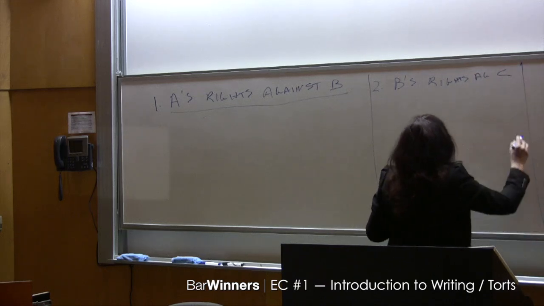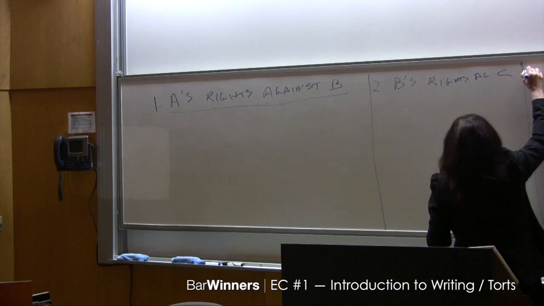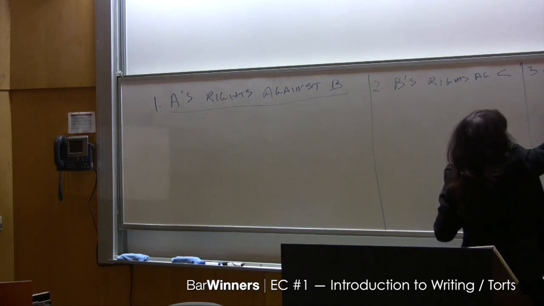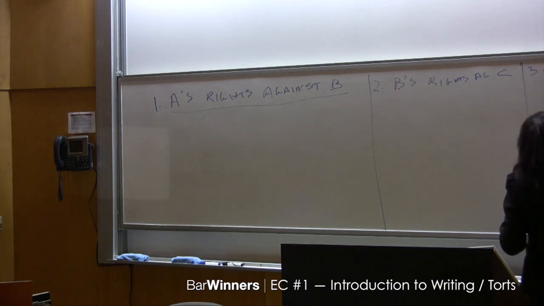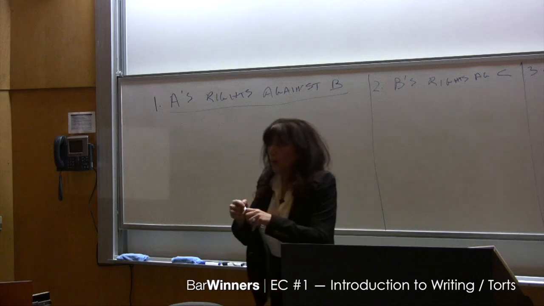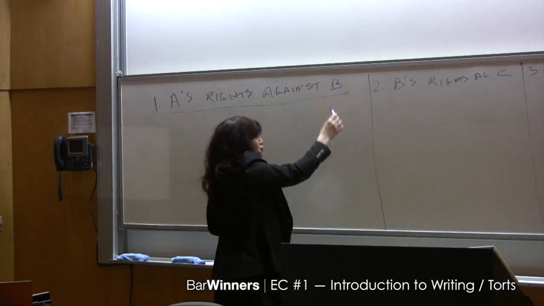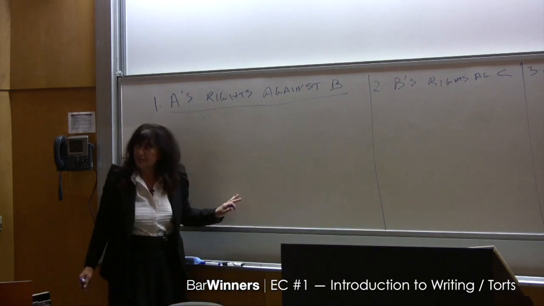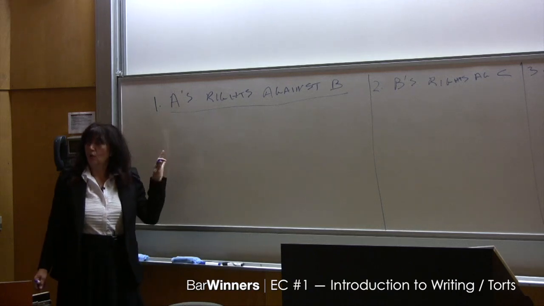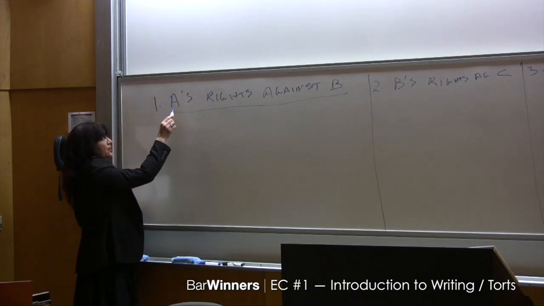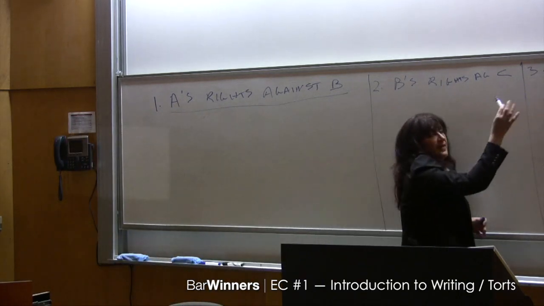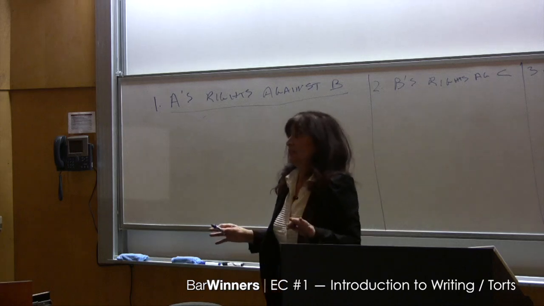And the third call is C's rights against A. Always, always structure your 15-minute outline based on the call of the question. Keep the number, keep the name, keep exactly what they've asked. And we're going to do a question tonight, and I'm going to show you.